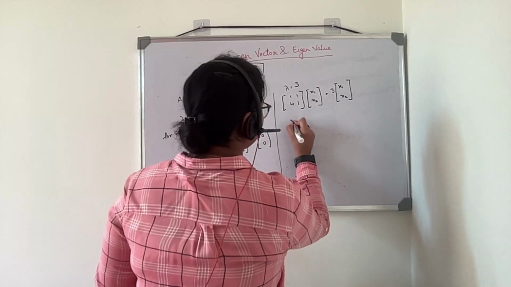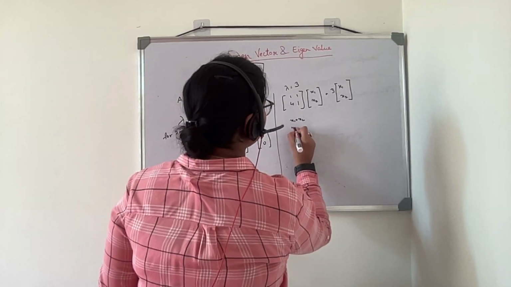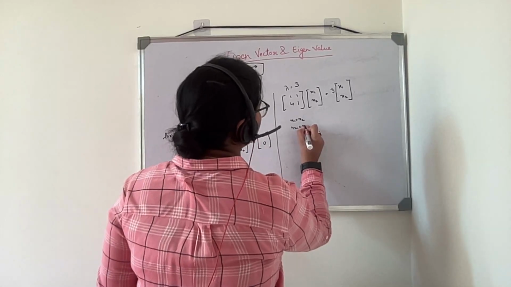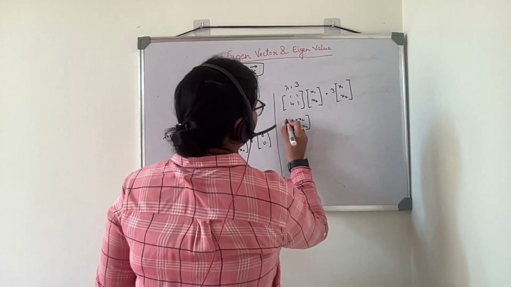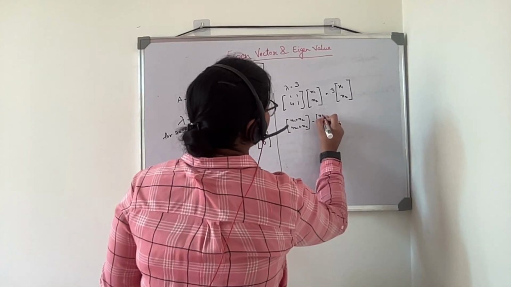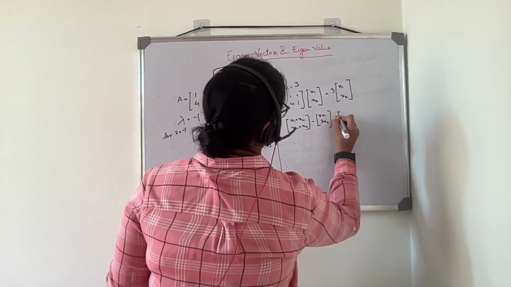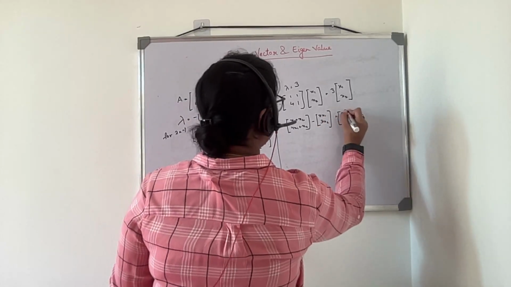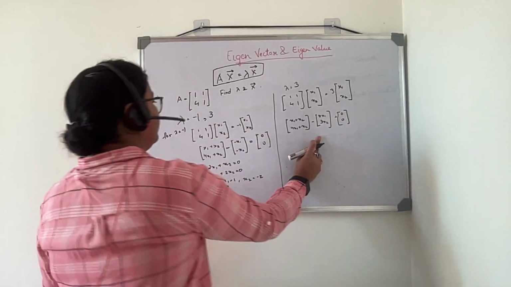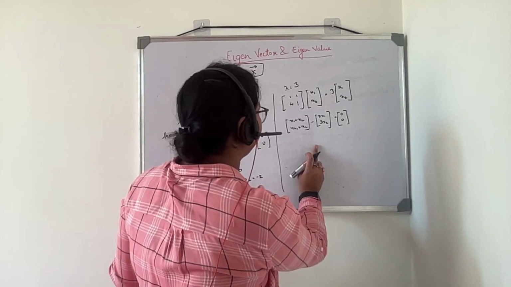We will solve this equation. We get x1 plus x2 and 4x1 plus x2, minus 3x1, 3x2 equal to 0. As we know, (A minus lambda I) into x equal to 0.